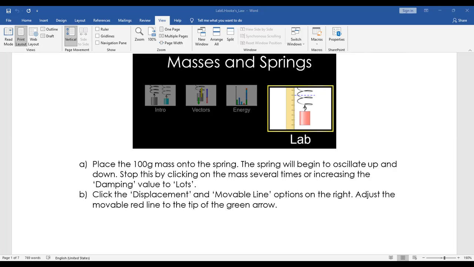F equals kx. F is proportional to x, how much the length stretches. This coefficient k is called the spring constant.